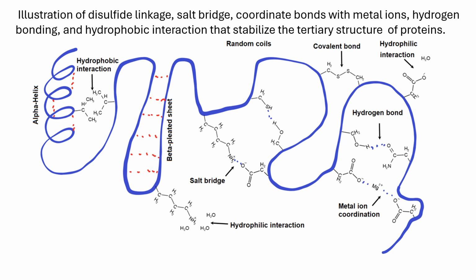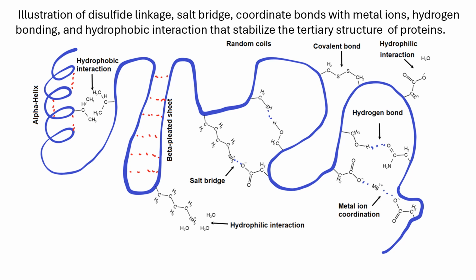This is a hydrophilic interaction. This is again a hydrogen bond. Now this is a metal ion coordination. All right, so as you can see, this is a salt bridge. So we have disulfide linkage, we have salt bridge, we have coordinate bonds with metal ion, right?